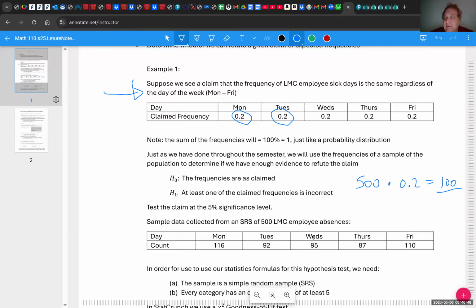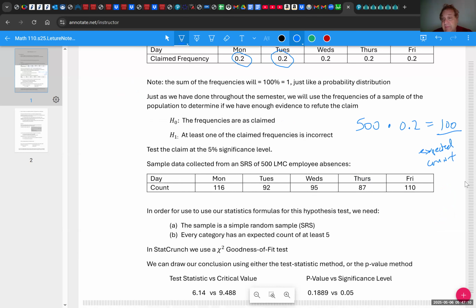So this is the expected count. And that's the same for each day because each day happens to have the same frequency claim. So the expected count for each one is 100, which is definitely more than 5. So we don't actually need the counts to be more than 5. We need the expected counts to be more than 5, or at least 5.